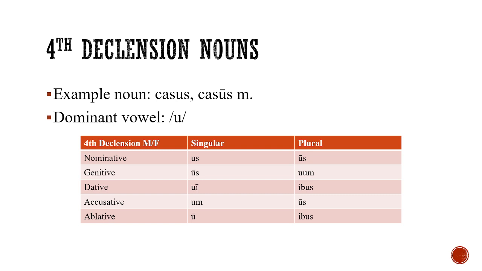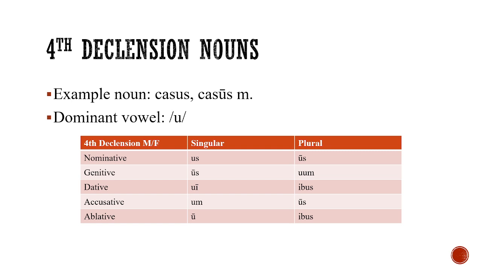The dative is ui, which the universal rules said should be the case. The accusative is um, so you see that dominant vowel paired with M. The ablative is u, which again is consistent. We've had a and o in the past, so now we have u. The nominative plural is us, which both looks like the accusative, also looks like the genitive singular.